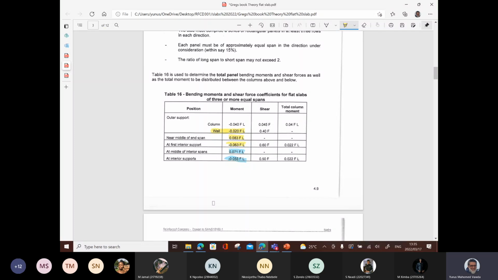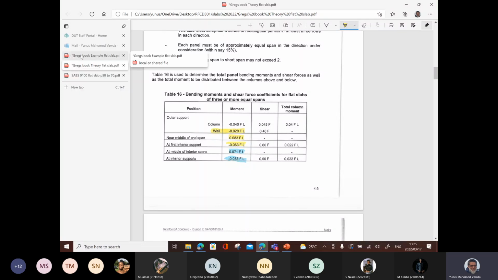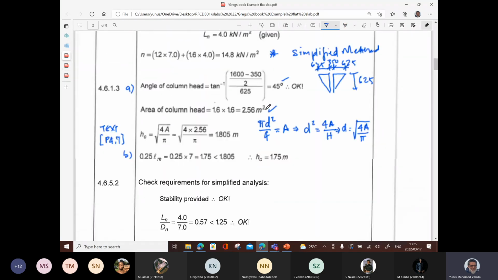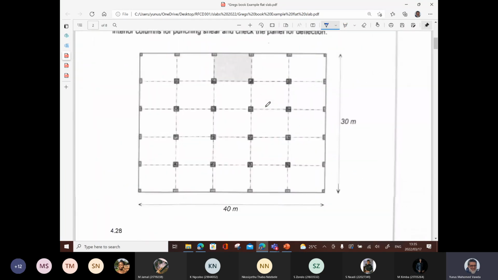If for example we wanted to design an interior panel completely, let's say we wanted to design a panel here, now we'd only be using the blue ones.